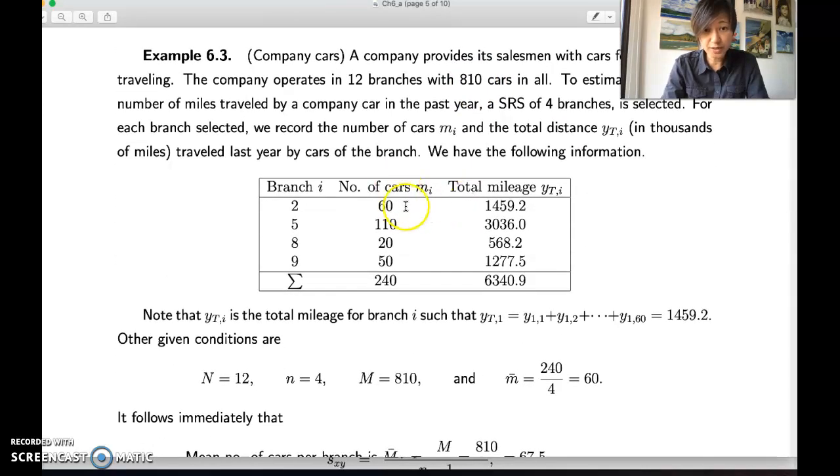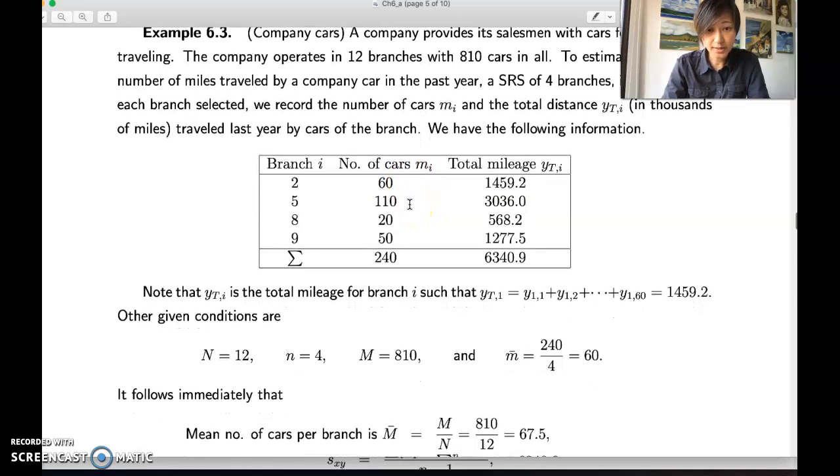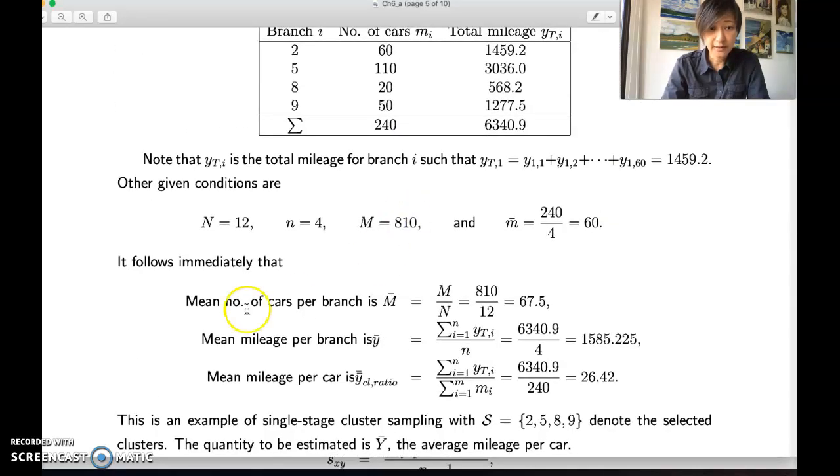Again, look at the 4 branches that we sample. We have the total mileage for each branch, and within each branch, we also know how many cars we have. So we can estimate the mean number of cars per branch for the population: 810 cars out of 12 branches, so on average, each branch would have about 67.5 cars.